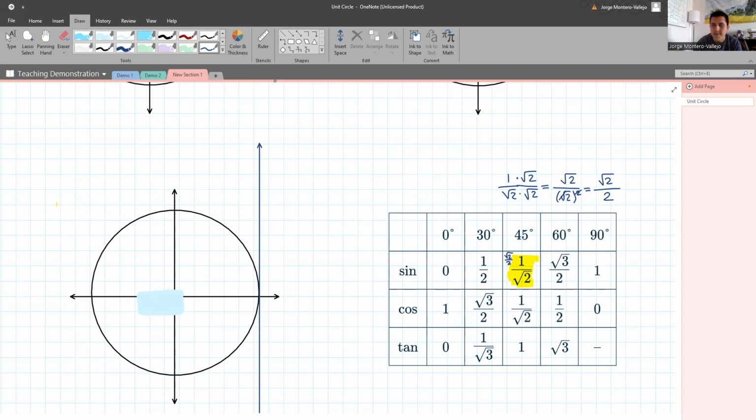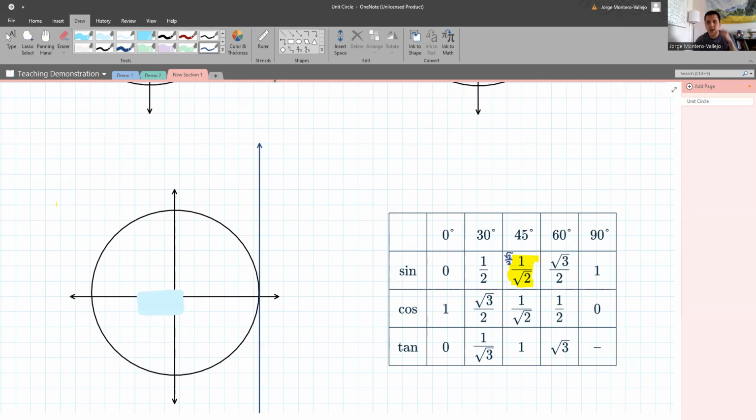They are the same number. I may use the square root of 2 divided by 2, but I'll try not to. So that is the demonstration of why the square root of 2 divided by 2 is the same as 1 over the square root of 2.